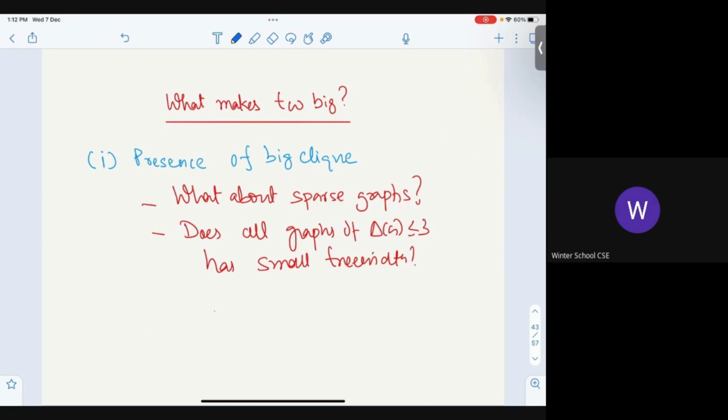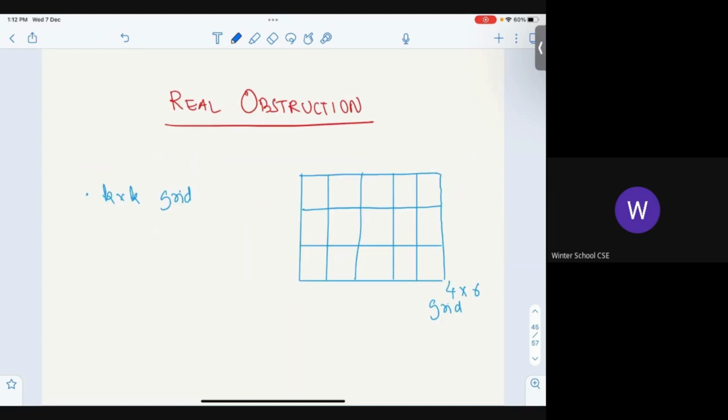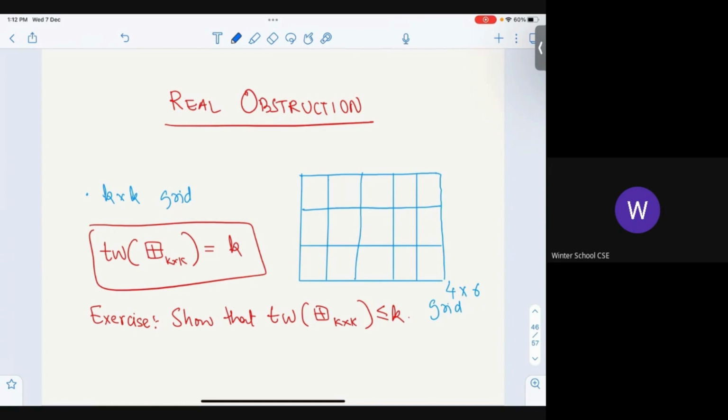But if I take a K cross K grid, I can apply the same idea which we were just talking about. And we can show the treewidth of this K cross K grid is exactly equal to K. This is sparse. In fact, this is a planar graph because I can draw it on the plane without crossing of edges.